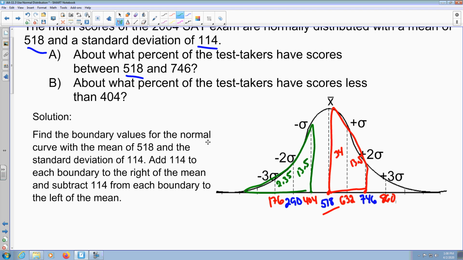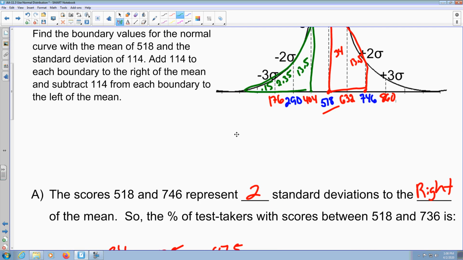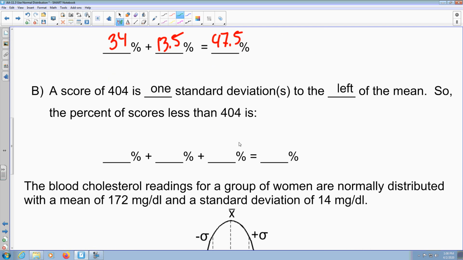And then this was the point, what, 1.5. Let me just double check. Yeah. And then you go over here and we'll just write that in. So we got what, 13.5 plus 2.35 plus 0.15, which gives you a percentage of 16%. So 16% of math scores were below 404.